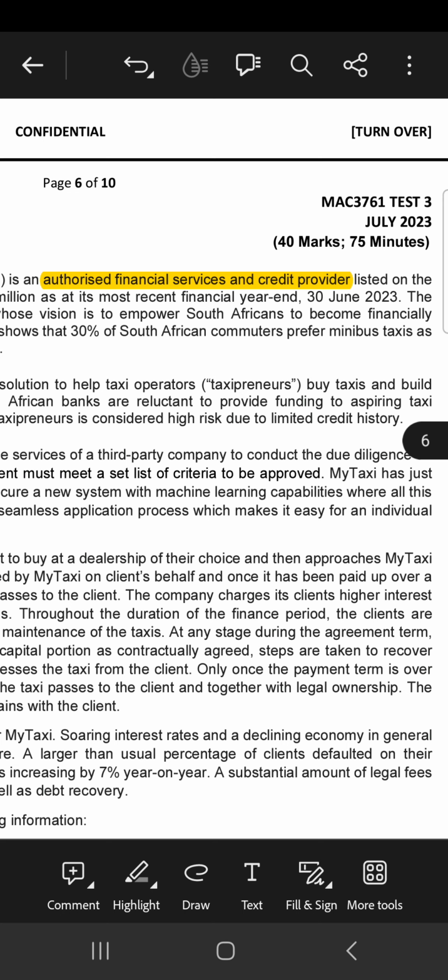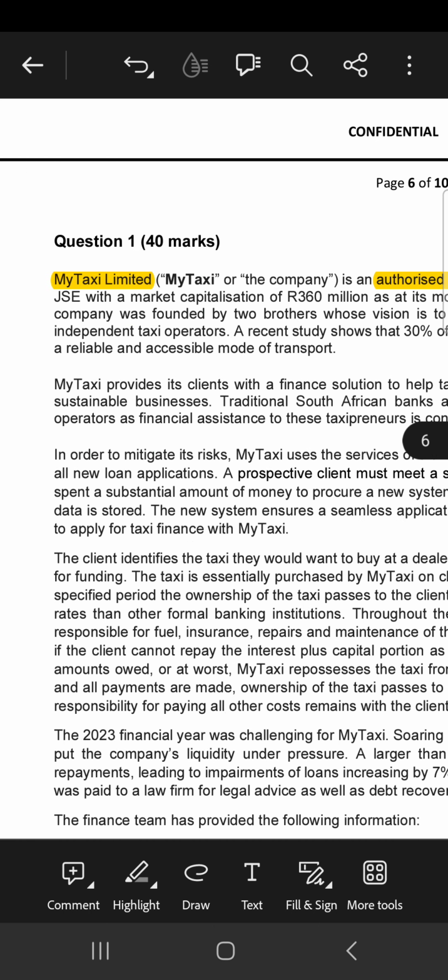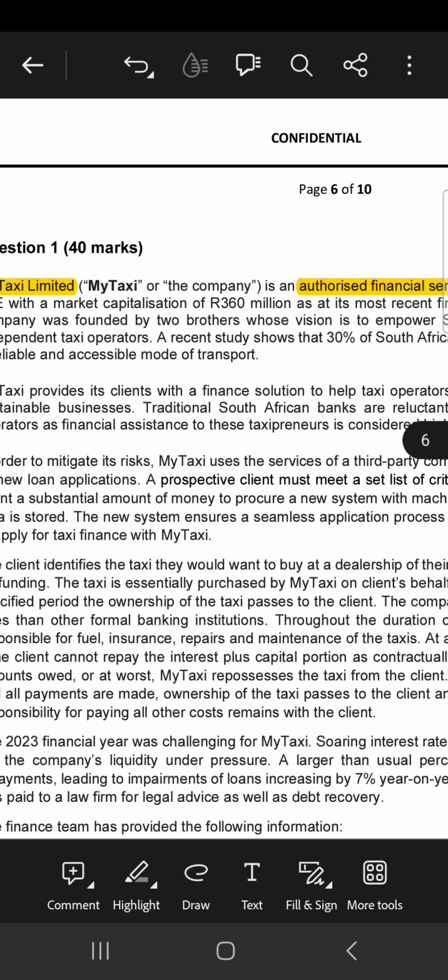So obviously, if this was the automotive industry, then it would have been very different to what a financial services industry is. Okay.